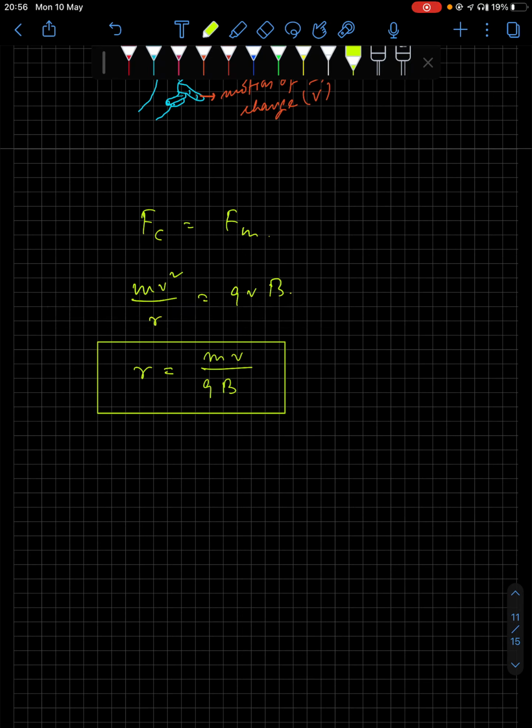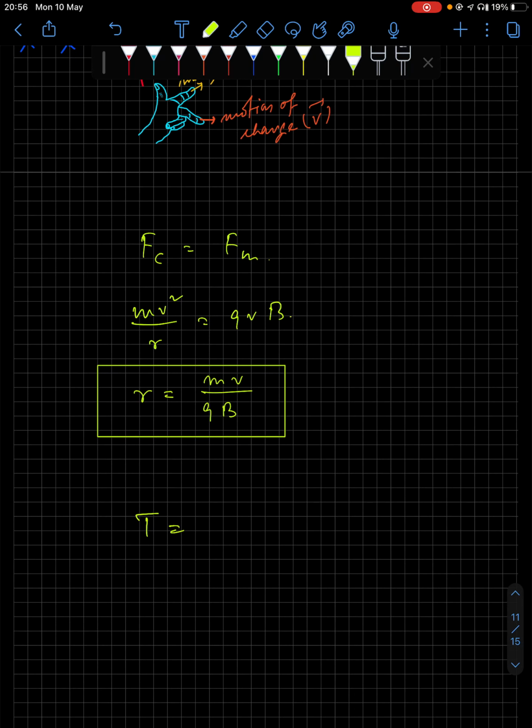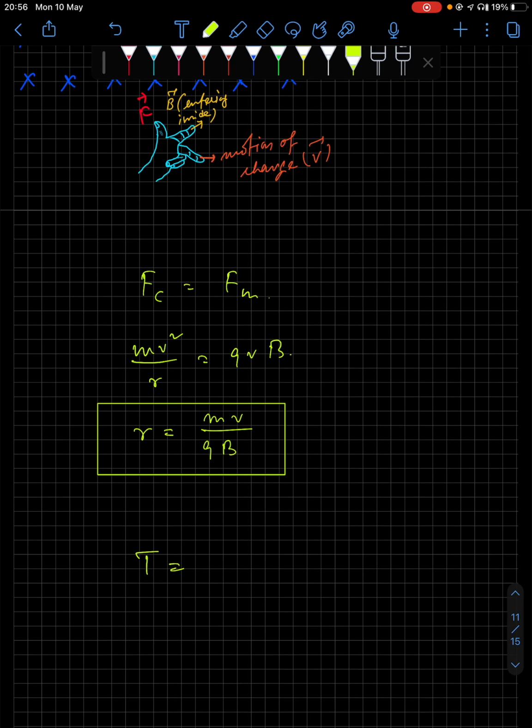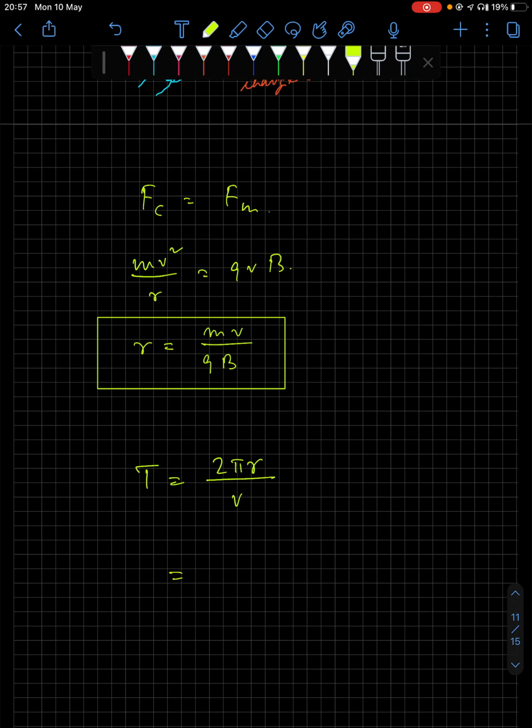Next we have the time period. Now to find out the time period T, since the charged particle is describing a circular path of radius r, the distance it covers in one oscillation is 2 pi r, the circumference of the circle. So 2 pi r by v is your relation, distance covered by speed, right?